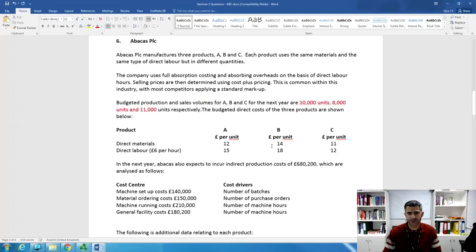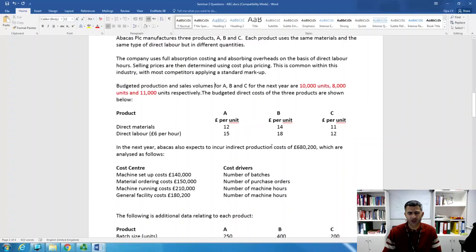Okay, good. So here we have a direct material cost per unit for each, as you see. And also we have the direct labor cost, sorry.